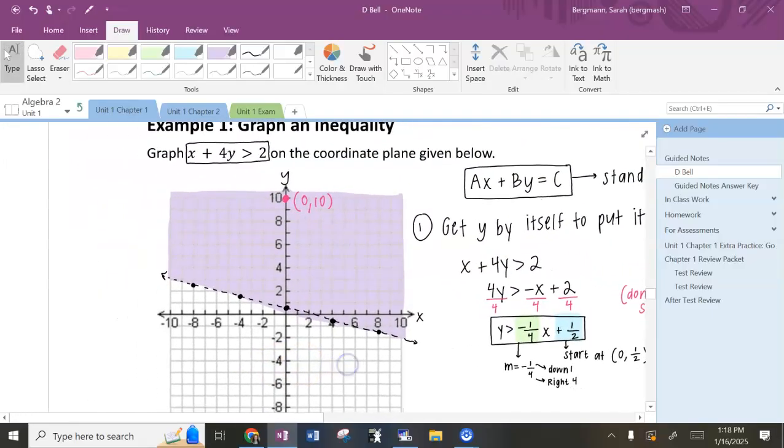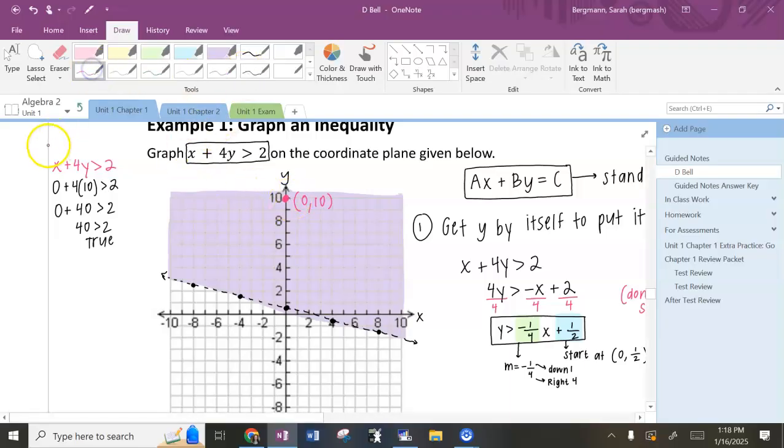If I plug in 0 for x and 10 for y into my inequality, does it make it true or false? So I'm going to put 0 for x, 10 for y. You have to multiply before you add. So you do 0 plus 40 is greater than 2. Is 40 greater than 2? Yes. So since that's true, it means it should be shaded over.